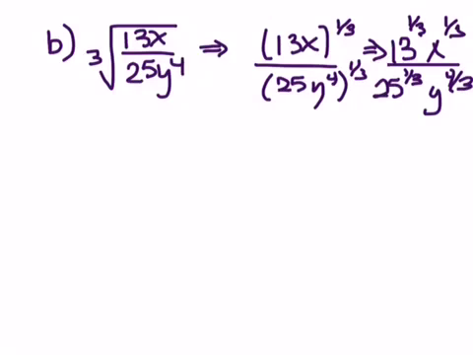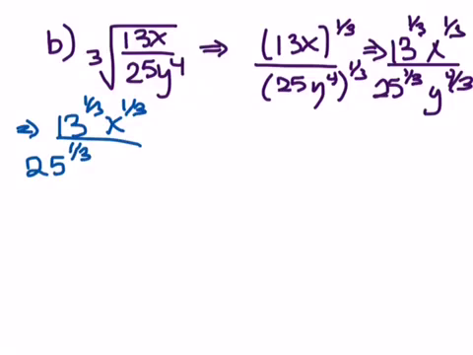So what I see here is that y is already bigger than 1, so I'm going to rewrite this. I leave the 13 to the 1/3, x to the 1/3 alone, and the 25 to the 1/3 alone for right now. So 3 goes into 4 one time, so I can pull out 1 full y, and I have 1/3 left over.